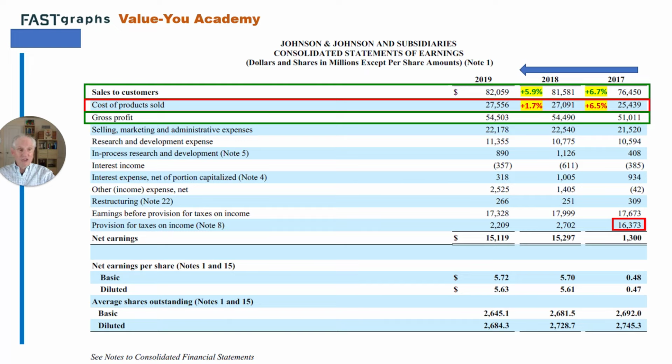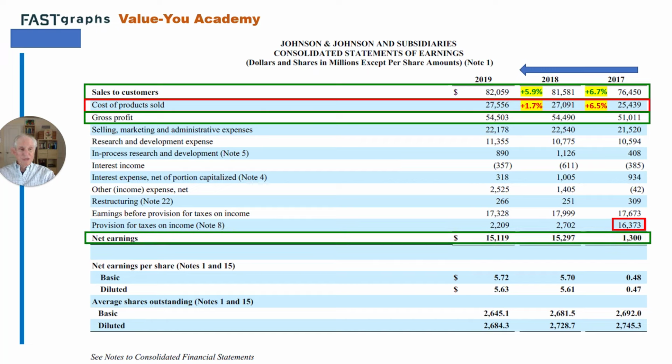And J&J decided to do it. So they only made 1.3 billion in net earnings. That's very low for them. You can see the next year jumped up to 15.3 billion in net earnings, and then 15.1 last in 2019.